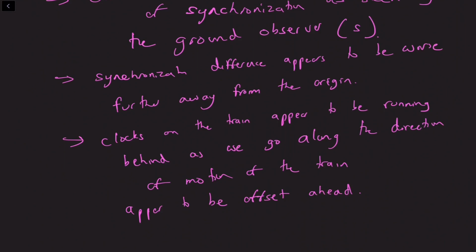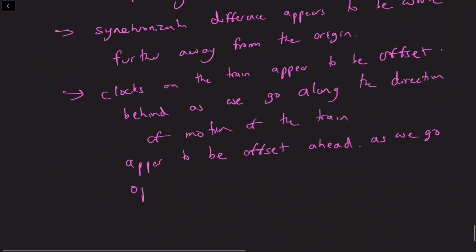Sorry, running behind is the wrong word, as we shall see. There should be offset behind versus offset ahead as we go opposite to the direction of motion of the train.